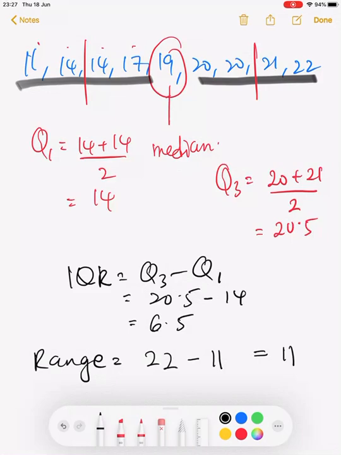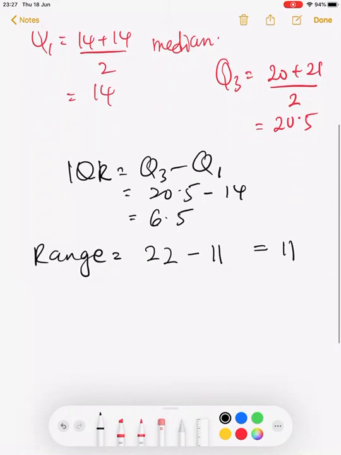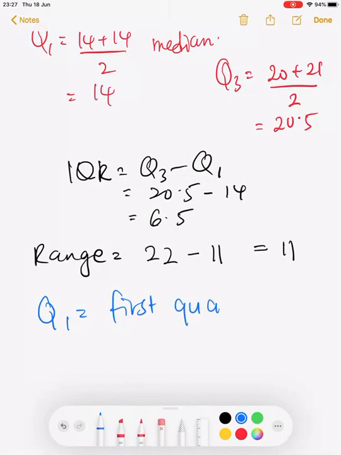So the first quartile is also known as lower quartile, while the third quartile is also known as upper quartile. Let me write here, Q1 is the first quartile, also known as lower quartile.